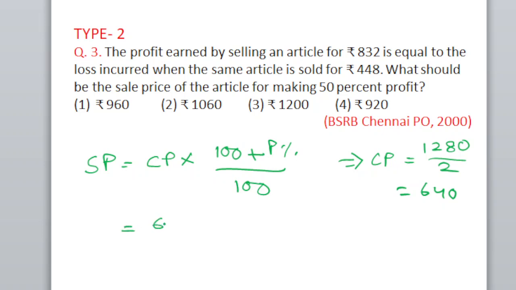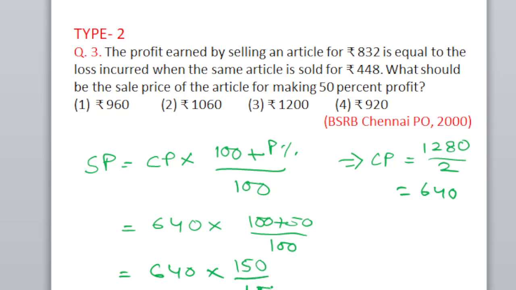Now that is equal to 640 into 100 plus 50 divided by 100. So that is equal to 640 into 150 by 100. So this 0 cancels this 0, this 0 cancels this 0. Then after multiplication, we are getting it is 960. That means here option 1 is the right answer.